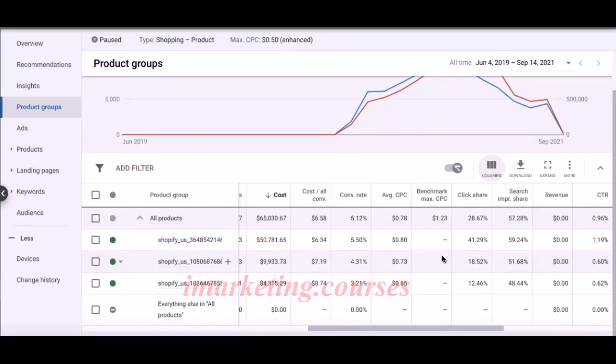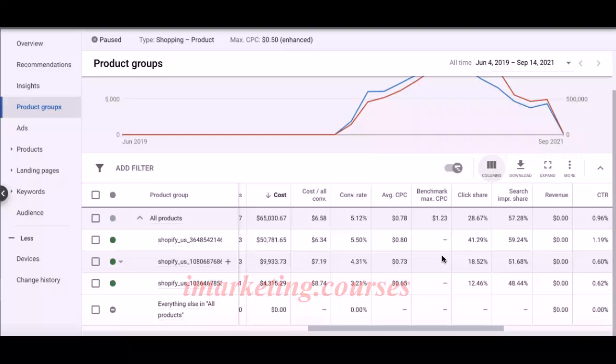The benchmark CPC will take maybe 2 to 3 days to show up and tell you what the benchmark CPC was for the last 2 days. So if you notice that you are very, very below the benchmark max CPC, and you're still getting low impressions, then you might want to increase your bid also, 10 to 20%.